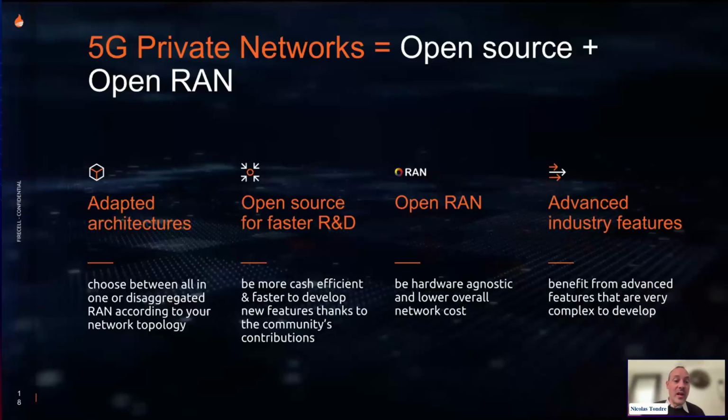You can choose between all-in-one or disaggregated RANs according to the use case and the topology. If you have lots of RANs or lots of cables, some architectures will be more adapted. Think about it. Then open source is great because R&D is faster and cheaper. It can be cash efficient.